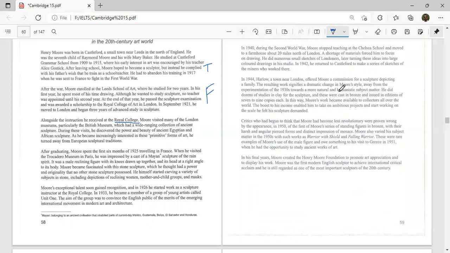During these visits, he discovered the power... They haven't talked about the Royal College of Art's reputation for teaching sculpture being excellent. So I think it should be not given. Okay, sir. All right.